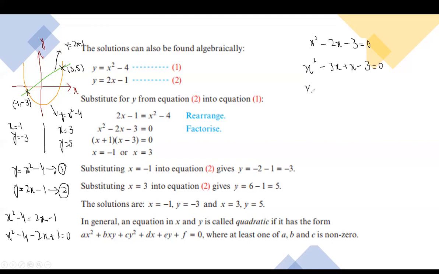So x into (x minus 3) plus 1 into (x minus 3). So (x minus 3) and (x plus 1) are the factors of this equation. This shows that x equals 3 and x equals -1.